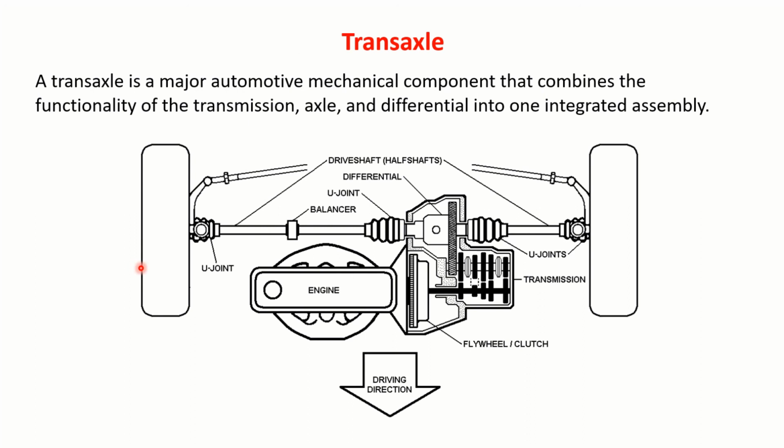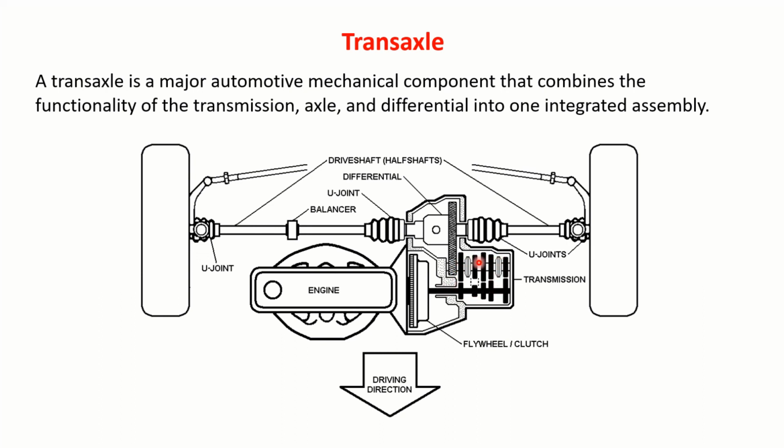In front engine, front wheel drive vehicles, whatever differential we use, we call this the transaxle. Now you can see here, this is the engine, then you have the transmission.